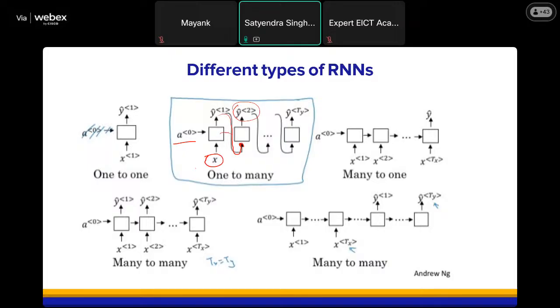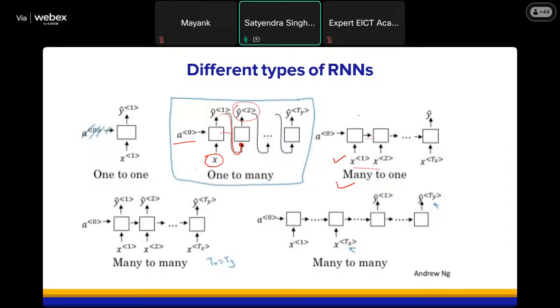Similarly, in case of many to one, for example, a sentiment classification task or fake review identification, fake news identification, where given the text of a news article, you want to predict whether it is fake or real. So the output is only one. Then what you do, you take the inputs and pass them to the RNN unit.